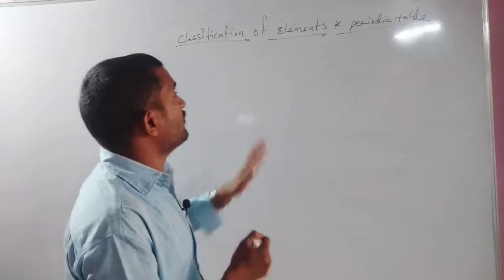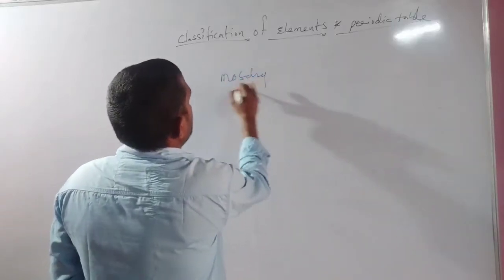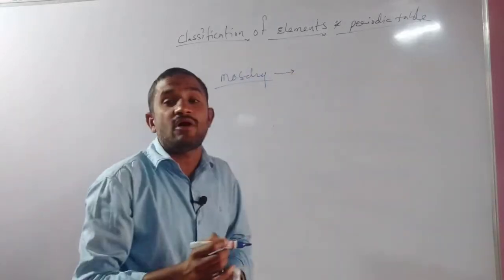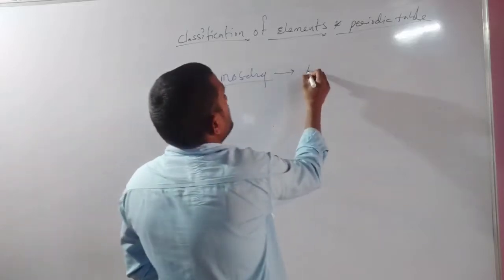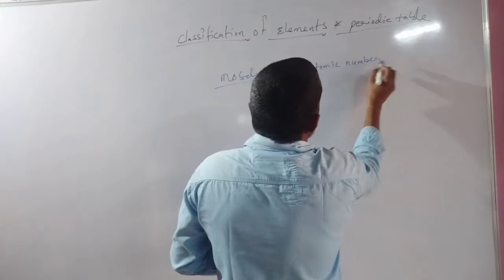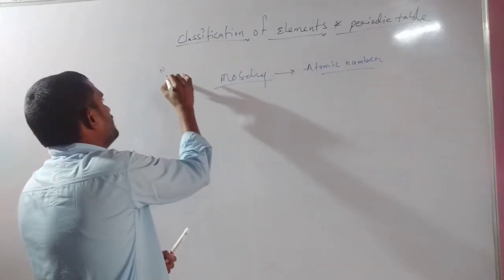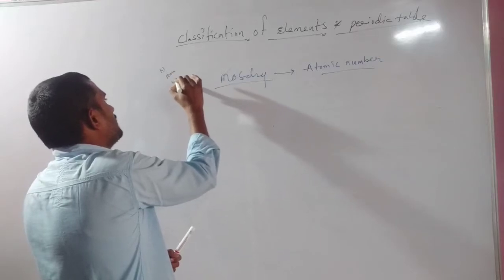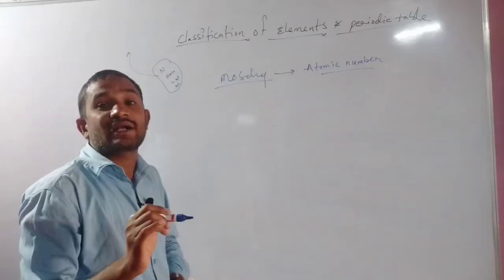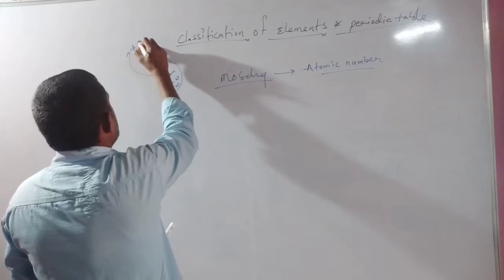The final classification is by Moseley. He classified the elements on the basis of atomic number. Before Moseley, whether Dobereiner, Newlands, Lothar Meyer or Mendeleev, all the scientists classified the elements on the basis of atomic weight.